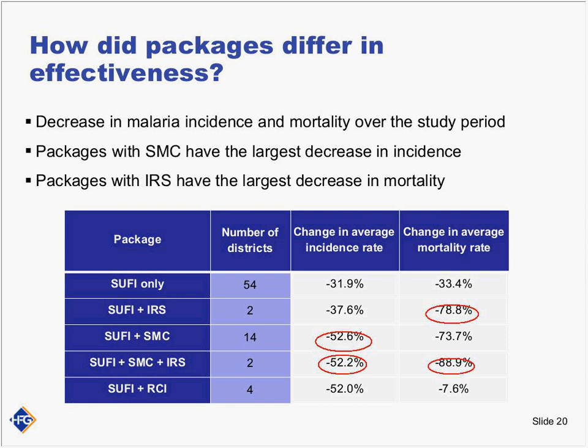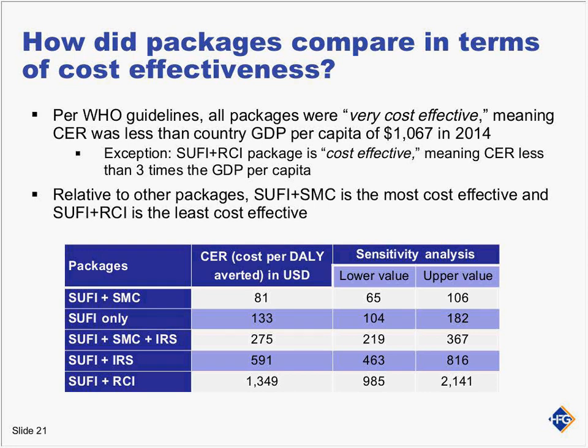Cost-effectiveness ratios show a very wide range in cost per DALY averted. It goes from 81 per DALY averted to almost 1,300. But importantly, according to WHO guidelines related to GDP per capita, all of these packages are either cost-effective or very cost-effective.